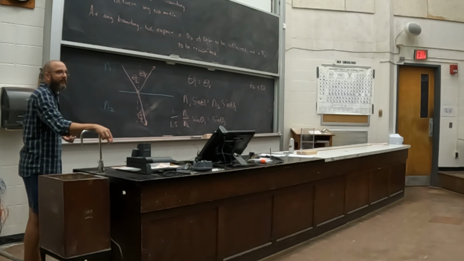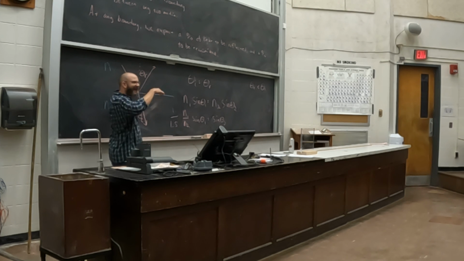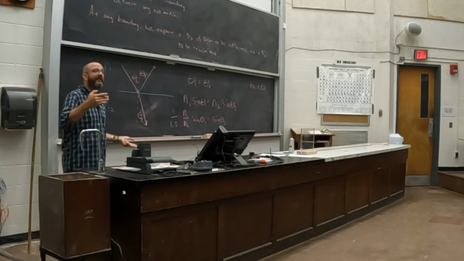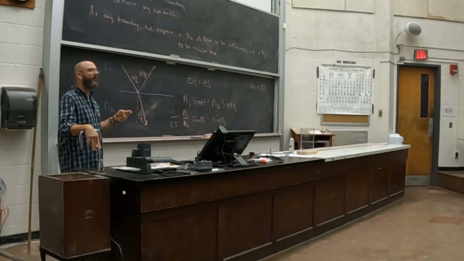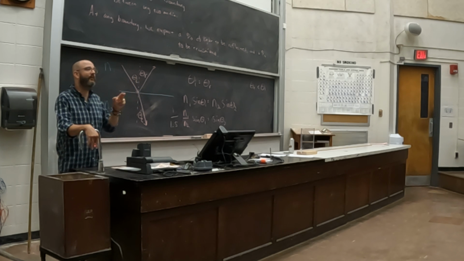Less than 1. Which means I'm taking the sine of this angle and reducing it. And that's the sine of my new angle. Now, sine goes as the angle. Lower the sine, lower the angle. Bigger the sine, bigger the angle. Think about it. Sine of 0 is 0. The sine of 90 is 1.